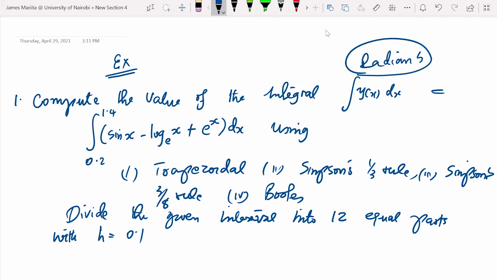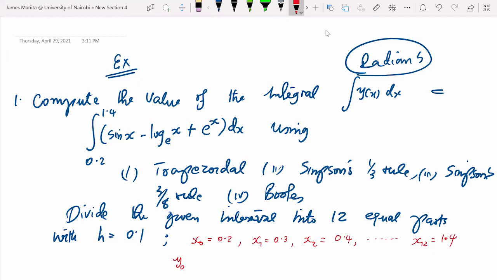In this case, your x naught will be 0.2, then x1 will be 0.3, x2 will be 0.4, and so on, so that your x12 will be 1.4.